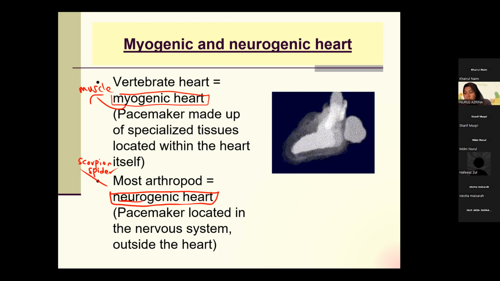Come from the word neuro, nervous system. So meaning the pacemaker is not located within the heart, but the pacemaker is located in the nervous system, which is outside the heart. All right. So that is the two different types, myogenic heart and also neurogenic heart. Okay. Right.